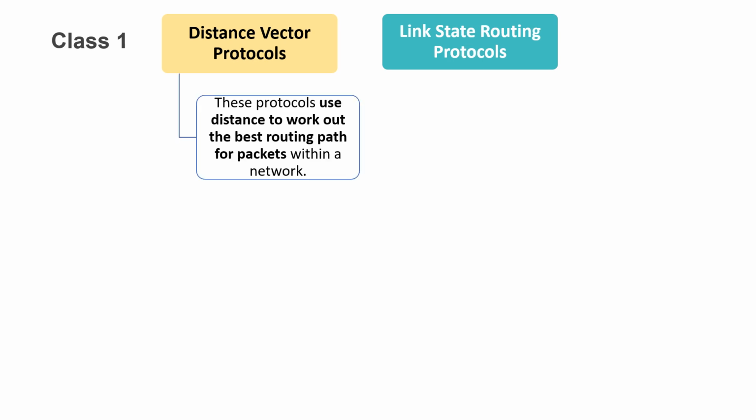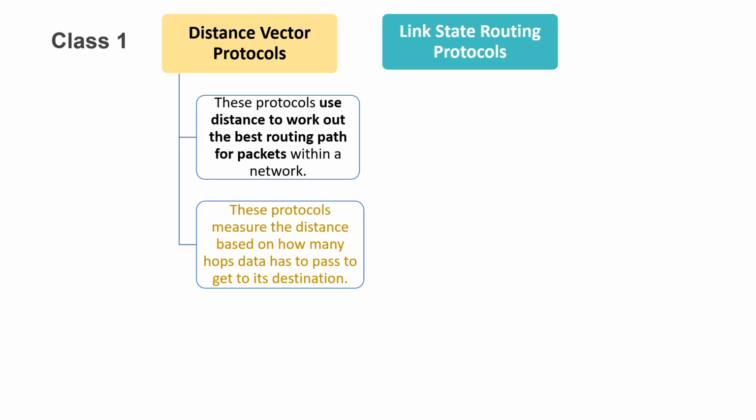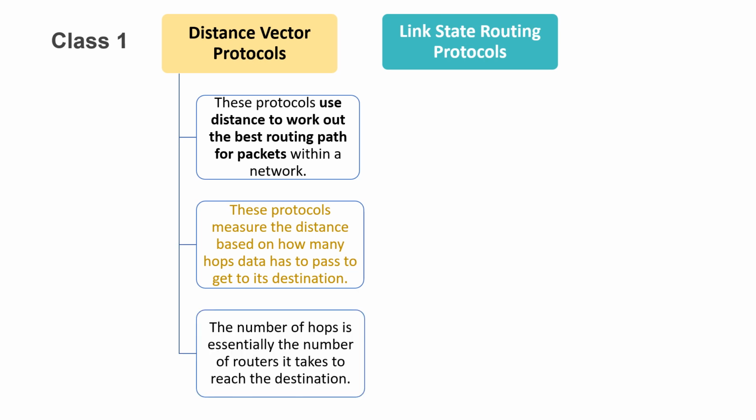The distance vector protocols use the distance to work out the best routing path for packets within the network. These protocols measure the distance based on how many hops data has to pass to get to its destination, and the number of hops is essentially the number of routers it takes to reach the destination. So these are the rules the distance vector protocols use.